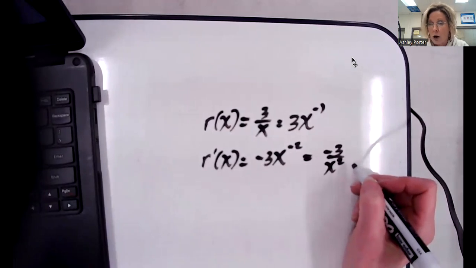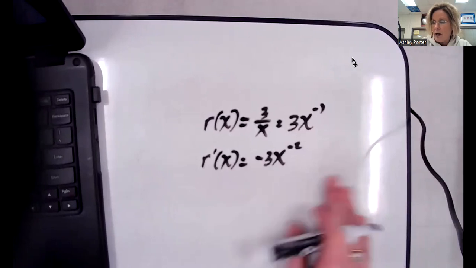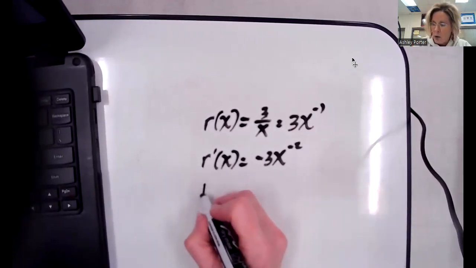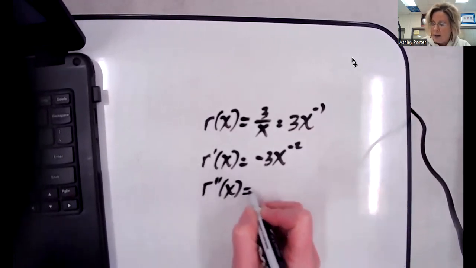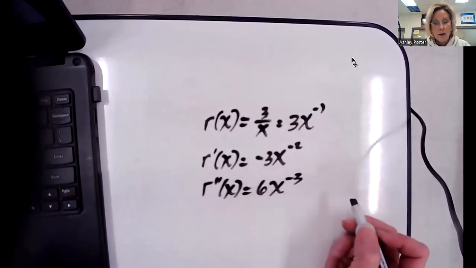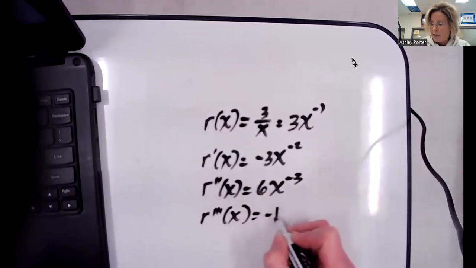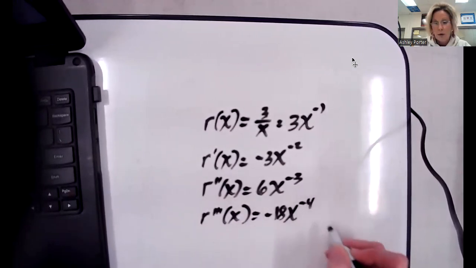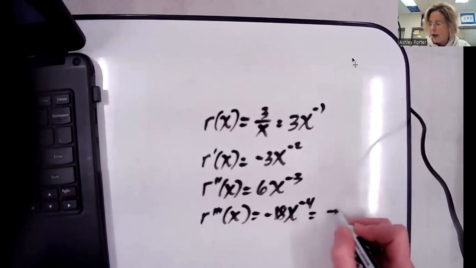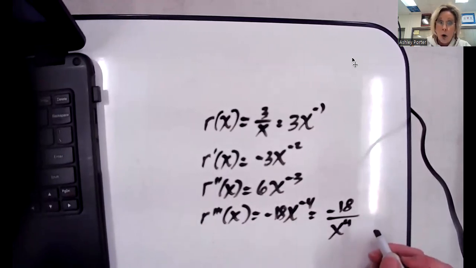But if I ask you for r double prime or r triple prime, don't clean it up, just keep going. So r double prime of x is going to be what? +6 x to the -3. And then r triple prime of x is going to be -18 x to the -4th. And then you can go, okay, that's my final answer. Let me put that in the no negative exponents final answer.